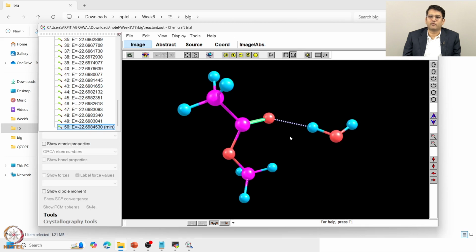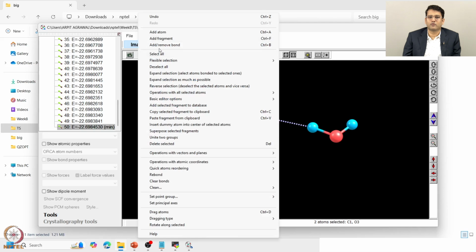Now we need to make the product. To make the product, we have to first do a few things. So the first thing we need to do is to remove the bond between the carbon and the OCH3 group.